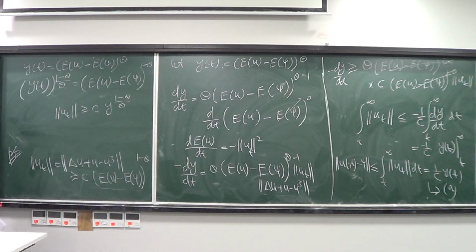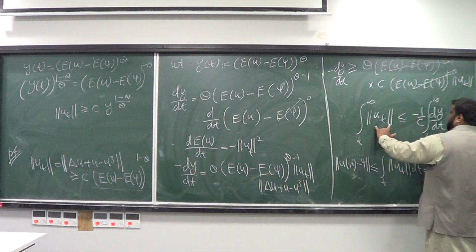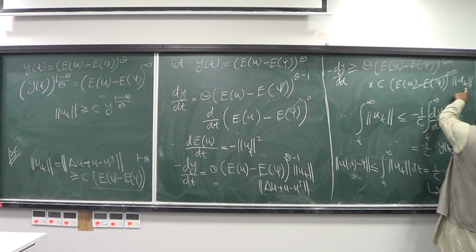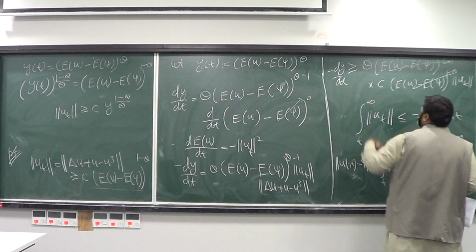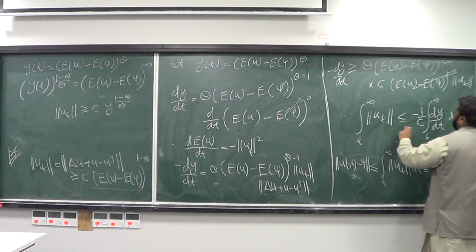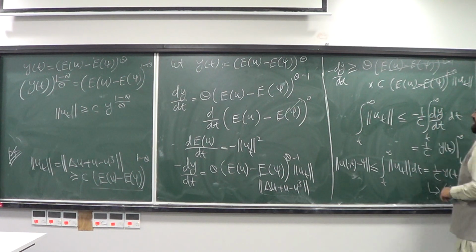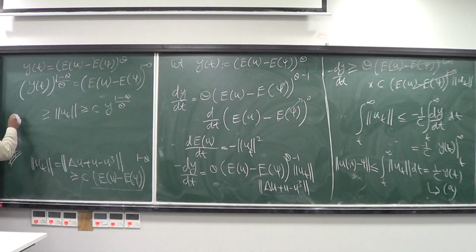But from this inequality, we proved it actually, that c times the norm of u_t is less than or equal to minus dy by dt actually. Or I can say my norm of u_t is less than or equal to minus 1 over c multiplied by dy by dt.